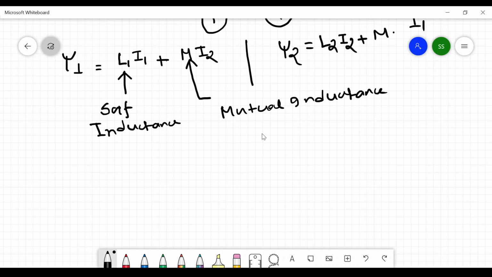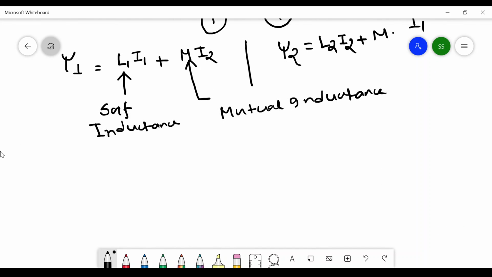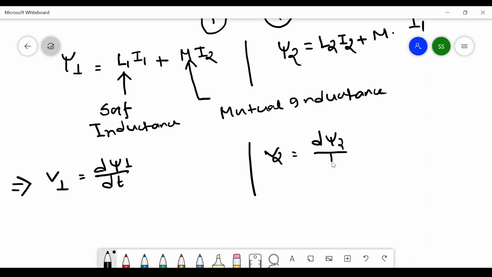Now if I further write the equation for voltage, we get V1 equals d/dt of phi 1, and similarly V2 is d/dt of phi 2.